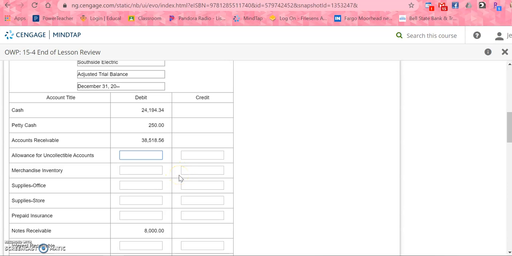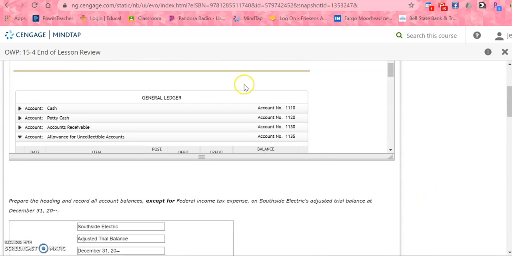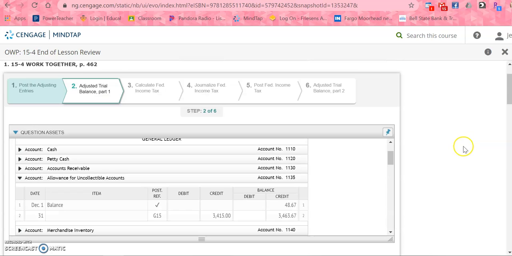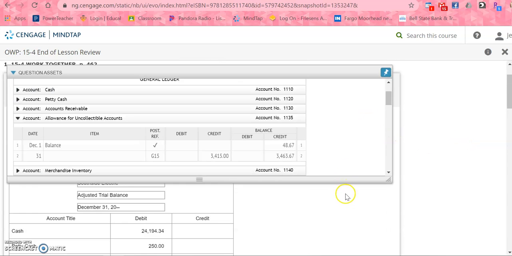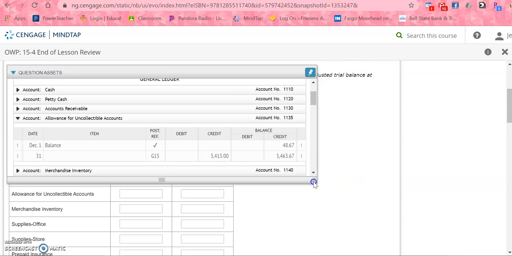Okay, so allowance for uncollectible accounts. I'm going to actually unpin that so that I don't have to do so much scrolling back and forth. Is going to be a credit balance of $3,463.67.